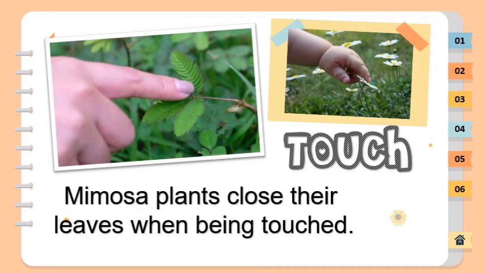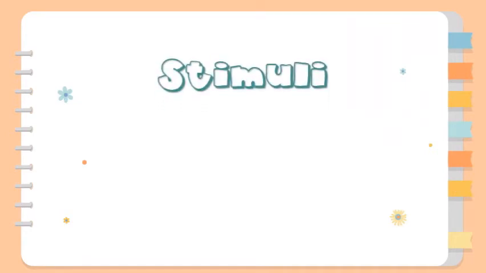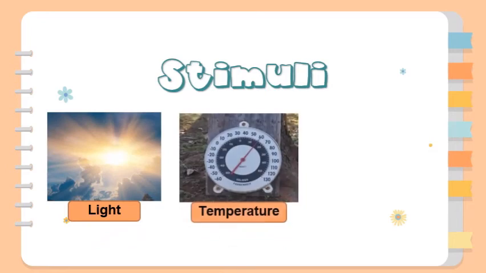When you touch it, its leaves will close. This is the response of the plant to the stimuli, which is touch. Again, we have 3 stimuli for plants. We have light, temperature, and touch.